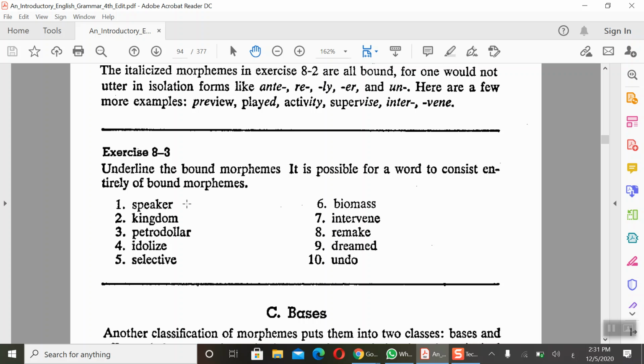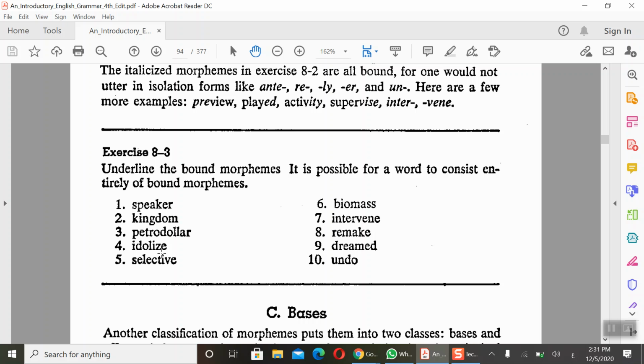So it is free. Er can't stand alone. Er alone? No. We need to add it. So we add it. Kingdom. King is what? Good. Dom. Kingdom is what? Dom. Good. Bound morpheme.